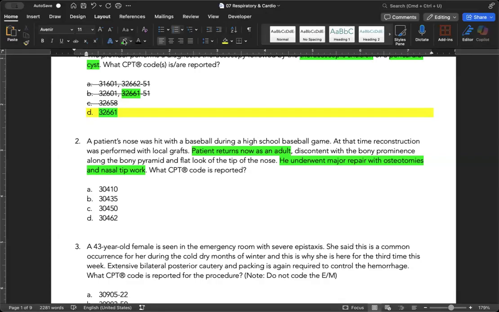So 30 is going to be a minor revision, 35 is intermediate, and 50 is major. So major is going to include nasal tip work and osteotomies. So yes, it should be 30450.